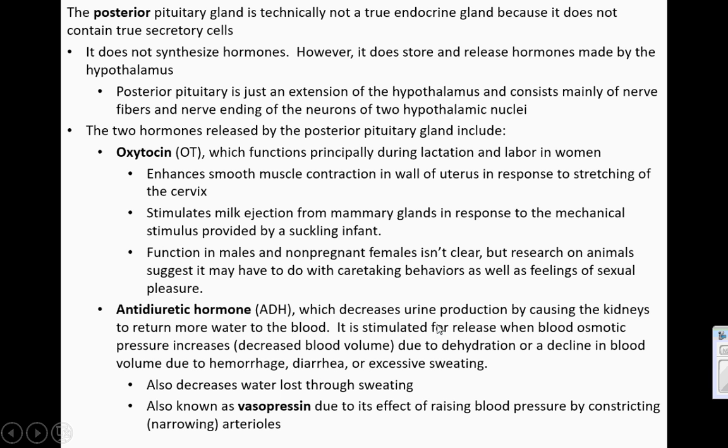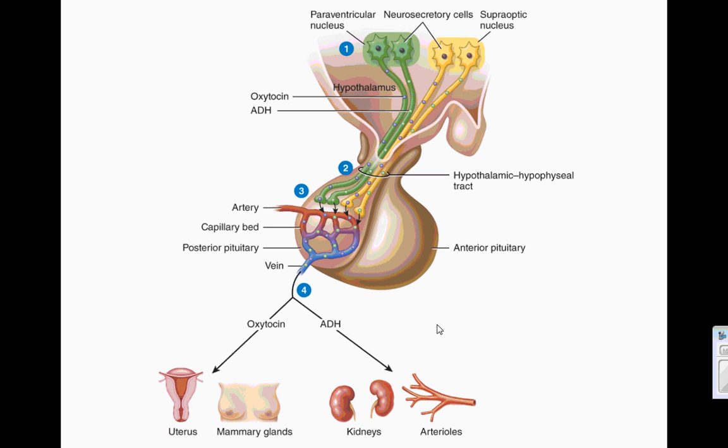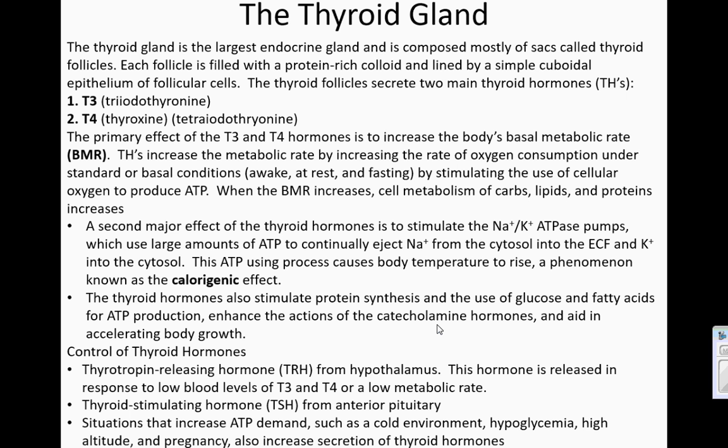Now we're going to talk about this hormone when we get to the cardiovascular system because of its role with regulating blood pressure. Okay. It's also known as vasopressin because it elevates blood pressure by causing blood vessel constriction. And if you've ever heard of somebody being put on vasopressors or pressors, that's what they're talking about. Something that will elevate blood pressure.